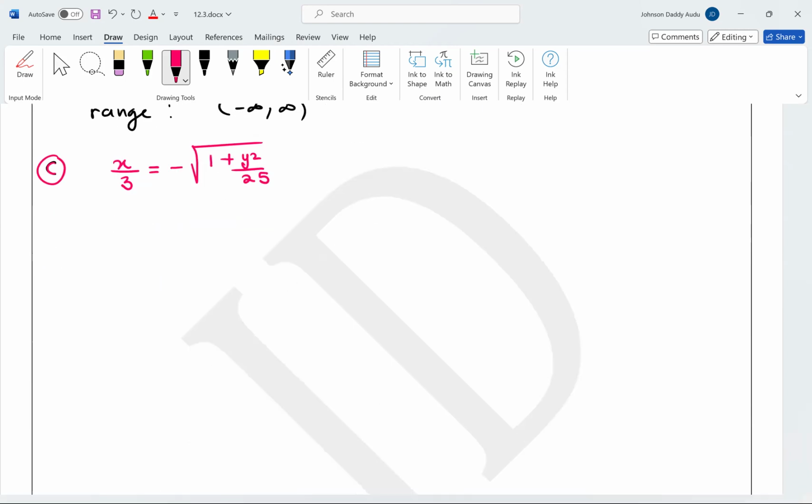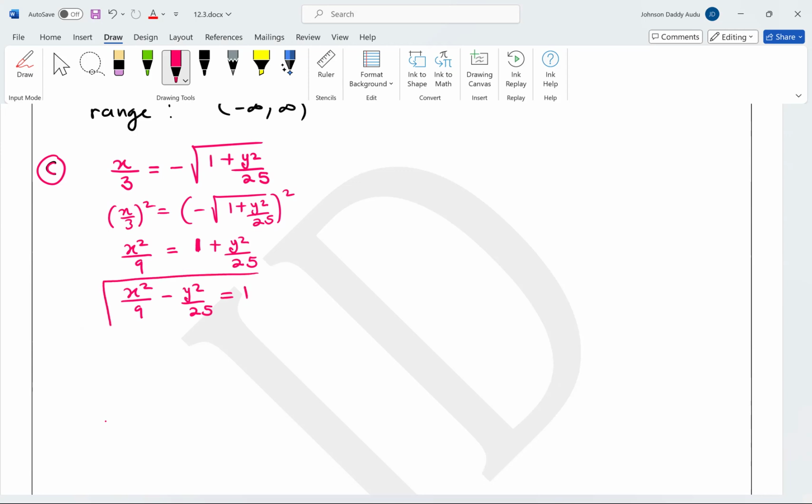We can square both sides to write x over 3 squared equals, so what will this be? This will give us x squared over 9 equals 1 plus y squared over 25. And that simply means that x squared over 9 minus y squared over 25 equals 1.